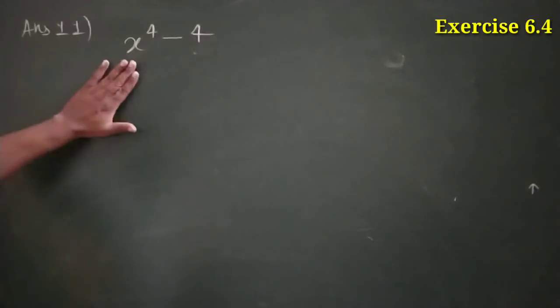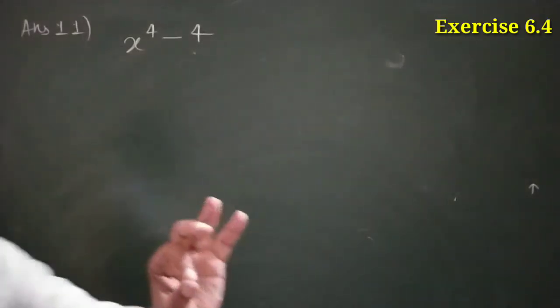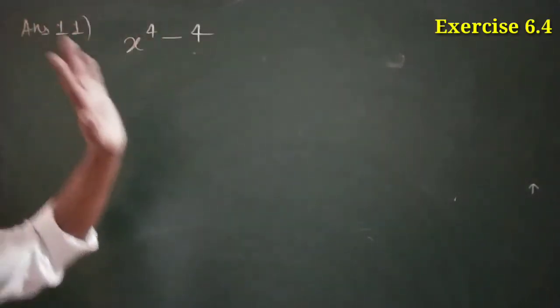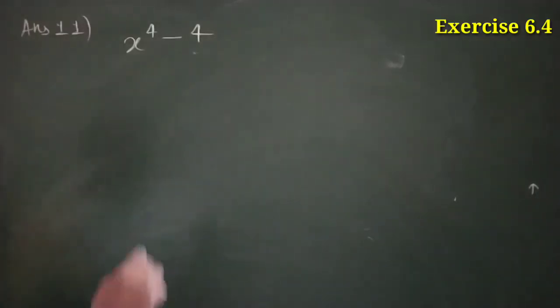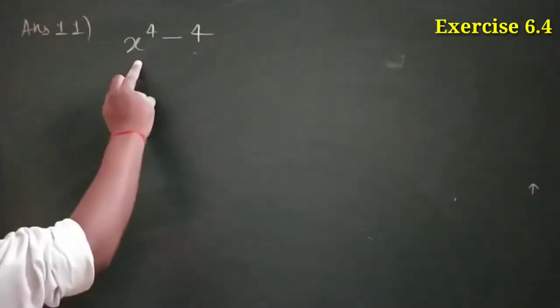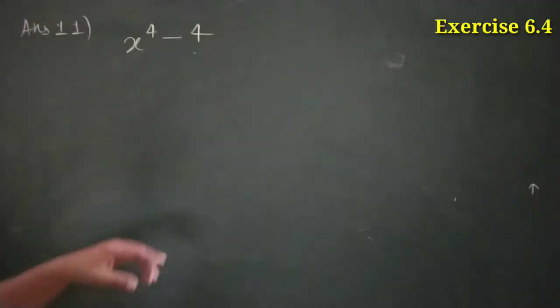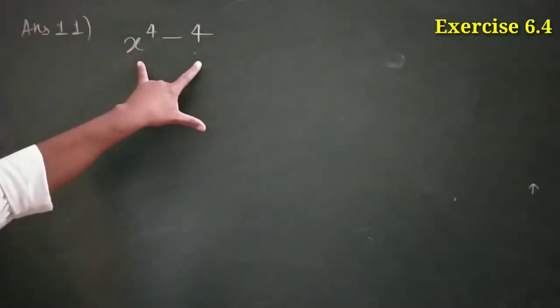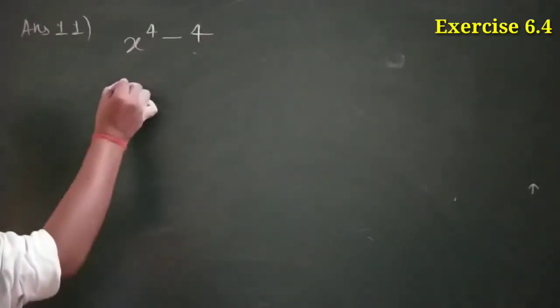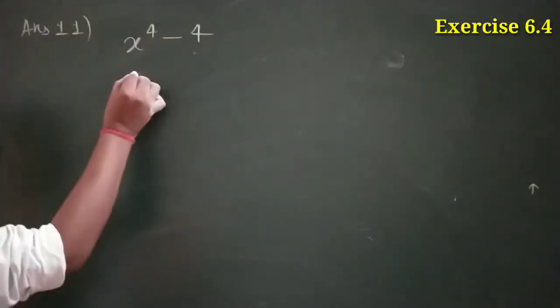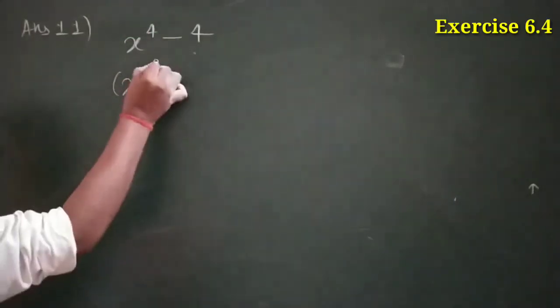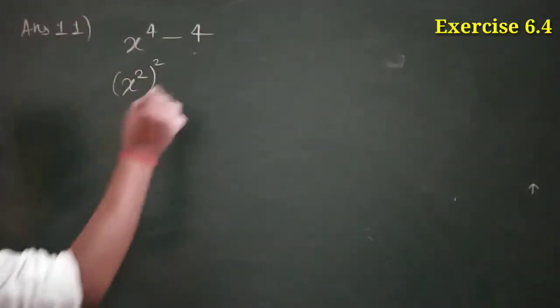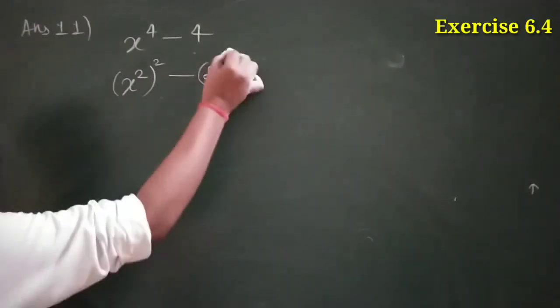Okay, student, now see question number 11. We don't have any formula which works with the power 4, but we have the formula which works with the power 2, means a square minus b square. So first of all, we have to convert this expression into a square minus b square. How? Power 4, we can write it like this: x square square, 2 2s are 4, okay, and 4 is 2 square.